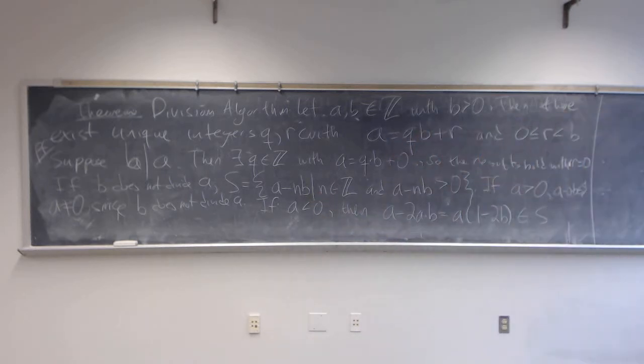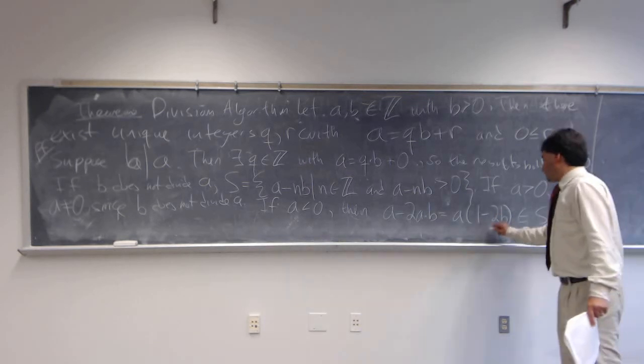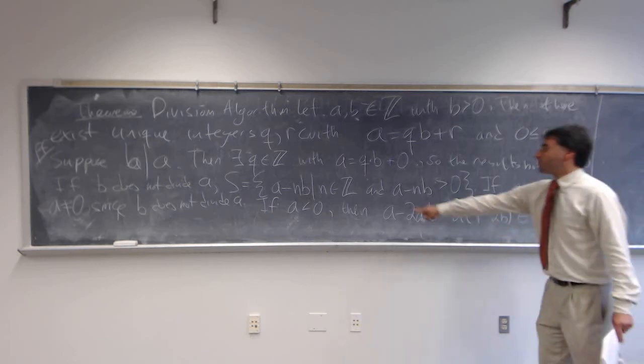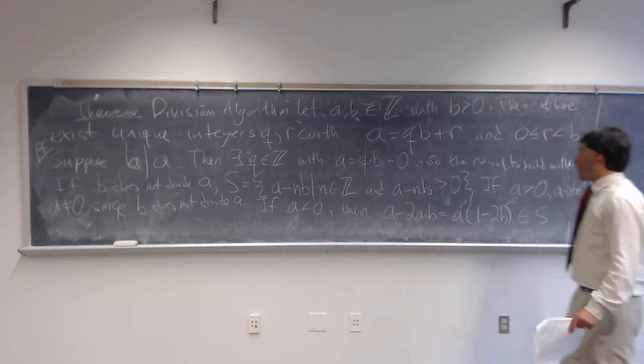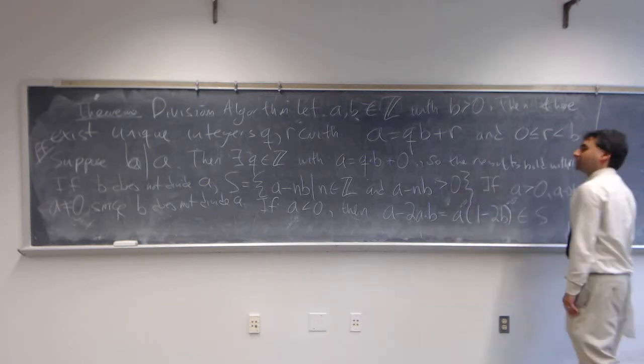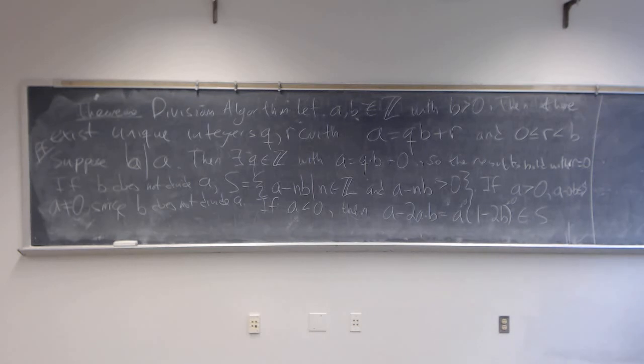But since b has to be strictly greater than 0, in other words, b is greater than or equal to 1, 1 minus 2b is going to be a negative number. And then by assumption, a is negative, so we would have two strictly negative integers multiplied together. Their product has to be positive. And so we can conclude then that S is not empty.